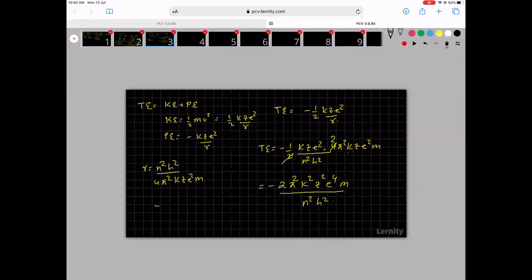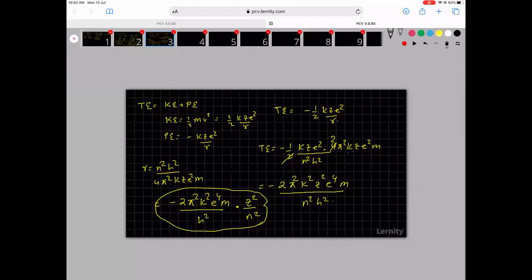Now this is equal to minus 2 pi square k square e power 4 m by h square into z squared by n squared. So this is the final formula that we will have to remember.